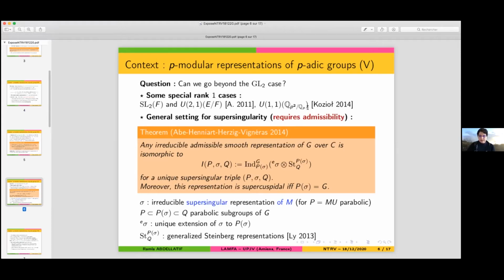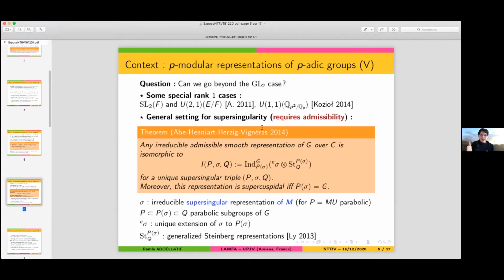And then later, there was Koziol, who did the same thing, but for U(1,1), a quasi-split group now, but in the unramified case. And basically around the same time, there was a big work of Abe, Henniart, Herzig and Vignéras that managed to define the full setting. So in between, there have been several steps. Maybe I should say that first, there was a work of Florian Herzig for GL_n, who gave what supersingularity should be for GL_n.